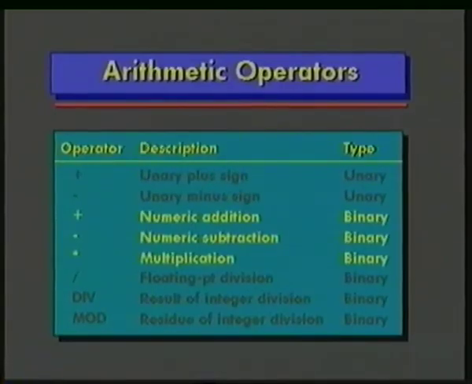The addition, subtraction, and multiplication operators can be used with integer and floating point numbers. The result of these operations is of the same type as that of the operands. Just make sure that the type of the variable that holds the results of these operations is large enough to accommodate those results.